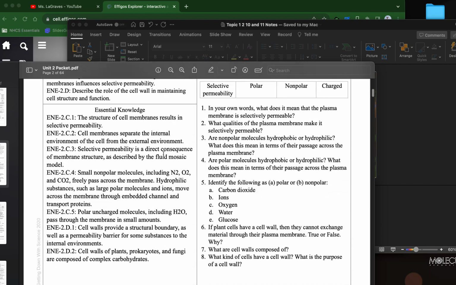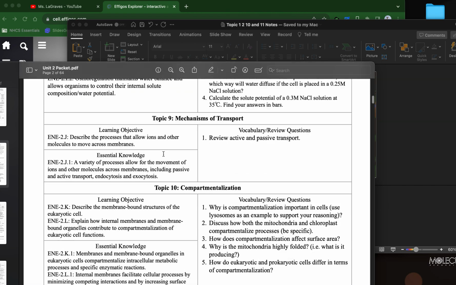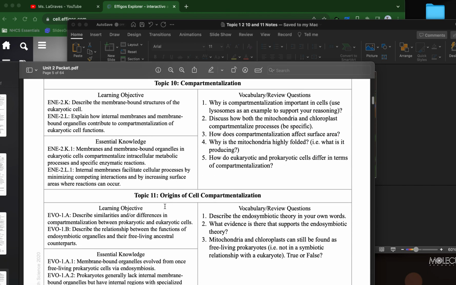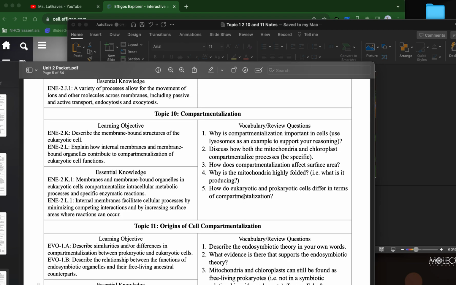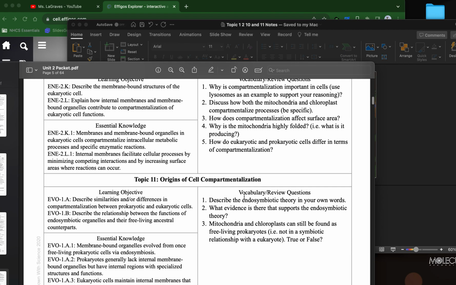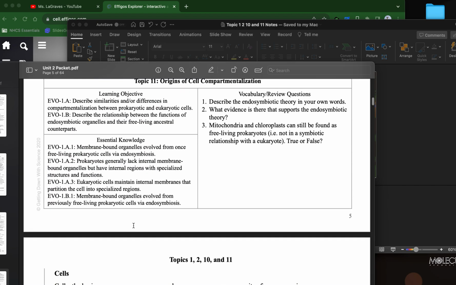We're also going to be doing topics 10 and 11 today. So compartmentalization and origins of cell compartmentalization. I just feel that they fit together really nicely with the idea of subcellular organelles and structure and function. So you can see objectives and essential knowledge over here.